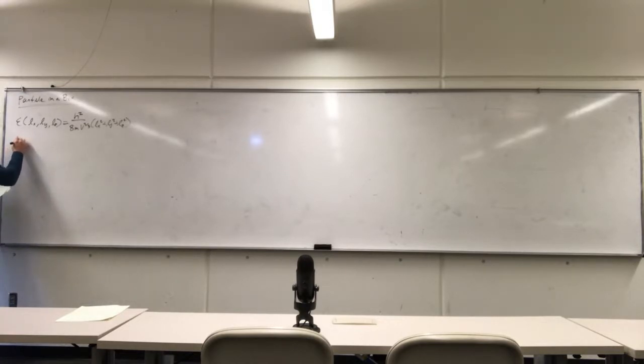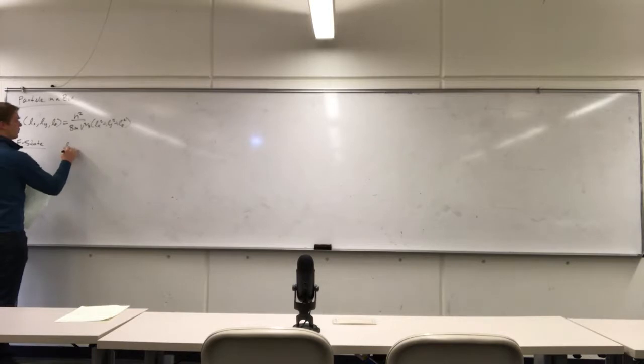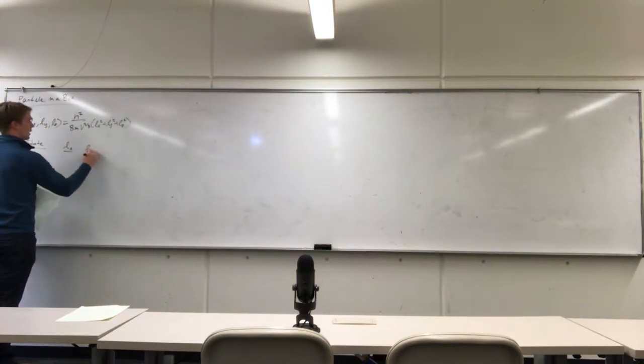So, I'm going to write out 3 different energy states for the particle in a box that'll all have the same total energy, or what we call the energy level. So we can write this as a function of the quantized parameters.